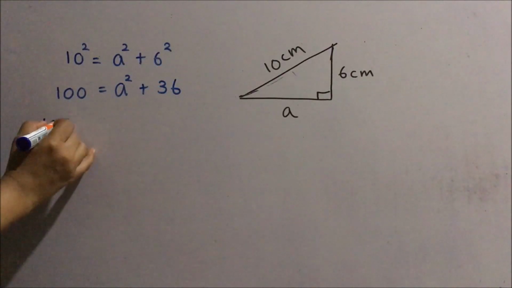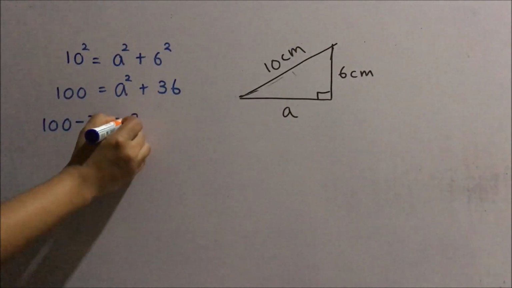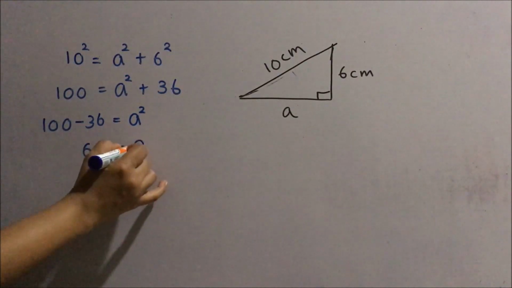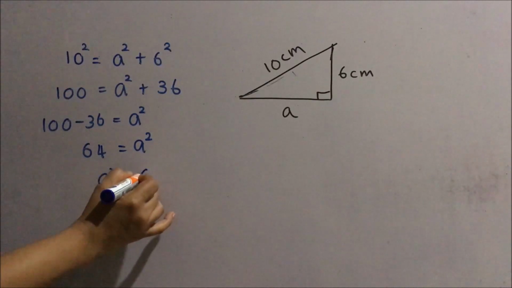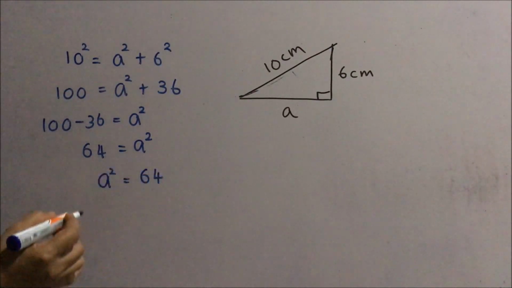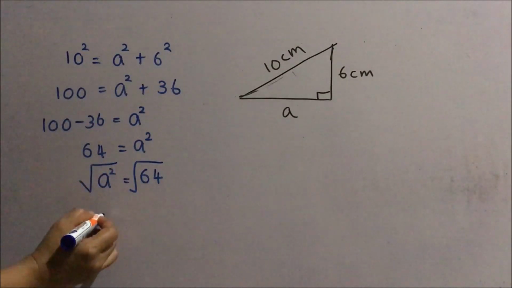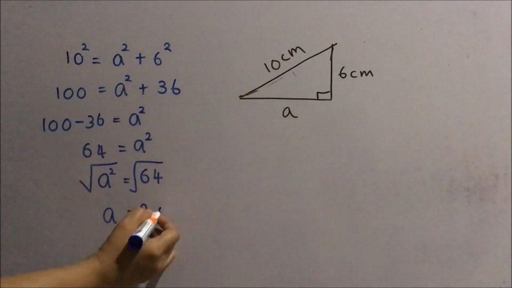Then 100 minus 36 equals a square, 64 equals a square. Then take the square root of both sides. Then a equals 8 centimeters.